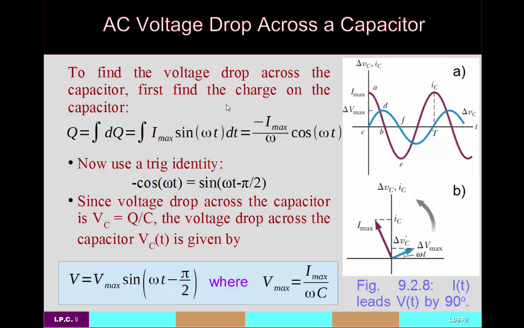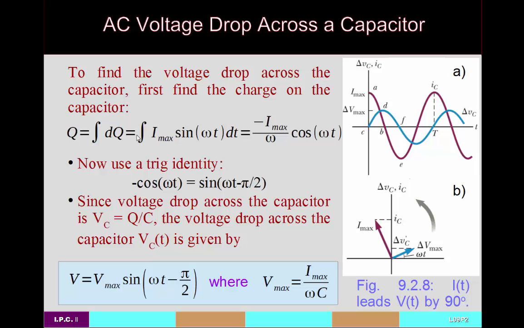So if you want to get the voltage drop across the capacitor, you find the charge on the capacitor, which you do by integrating dq. Well, since the charge is related to the current such that current is dq/dt, if you basically say that current times dt, you have a dq.